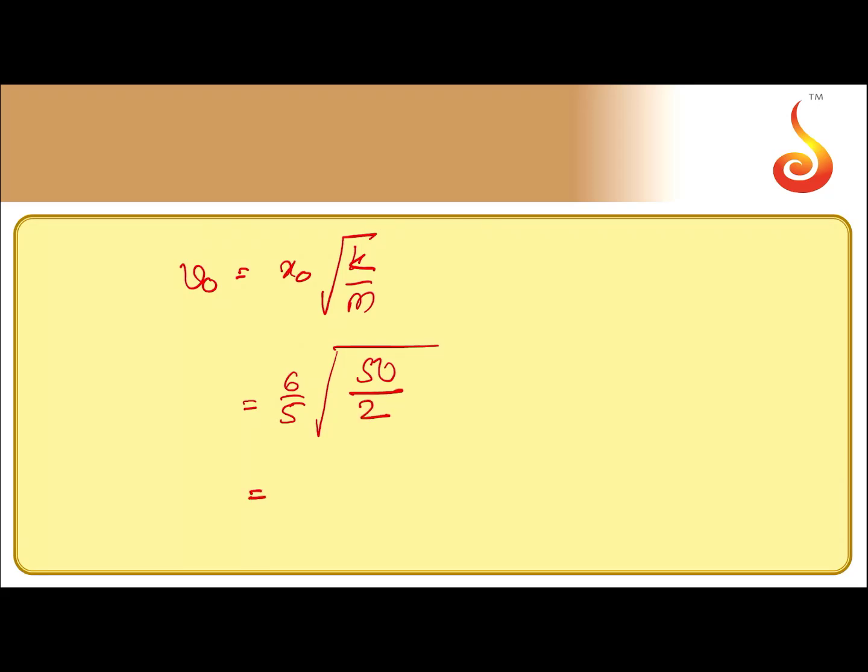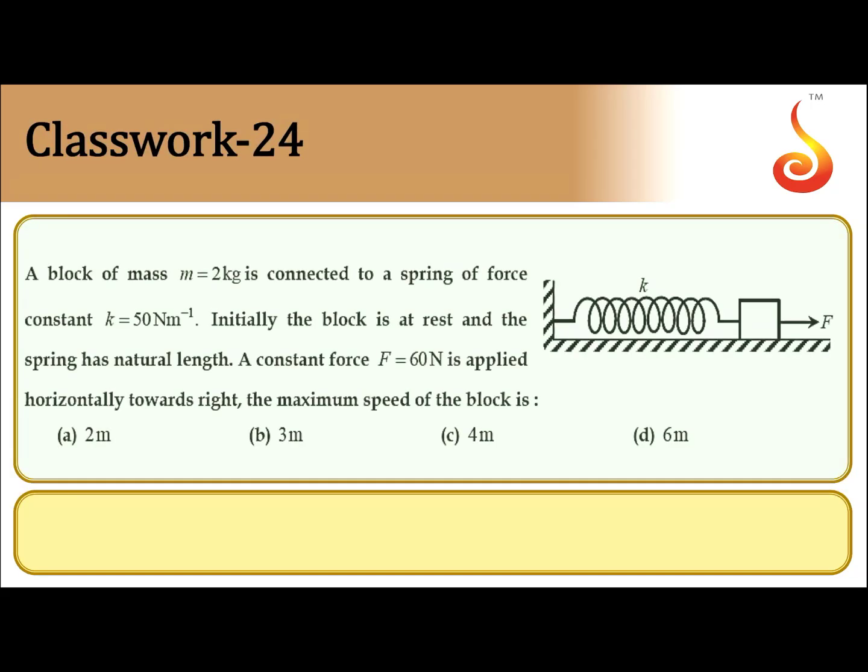So if I simplify it further, 25, 5 and 5 cancel, and this gives us 6 meter per second. So the maximum speed of the block turns out to be 6 meter per second.